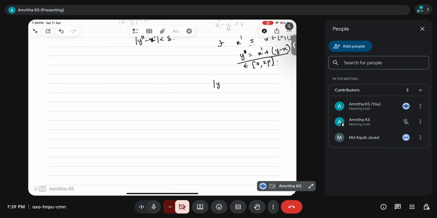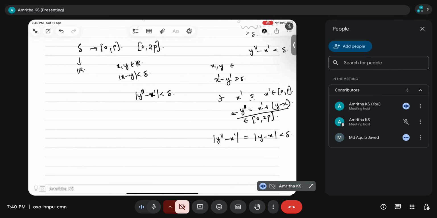Okay, so y double dash is not x dash plus p. It is x dash plus y minus x. Because that would correspond to the y here. Now what you want to show is that this is corresponding to y.